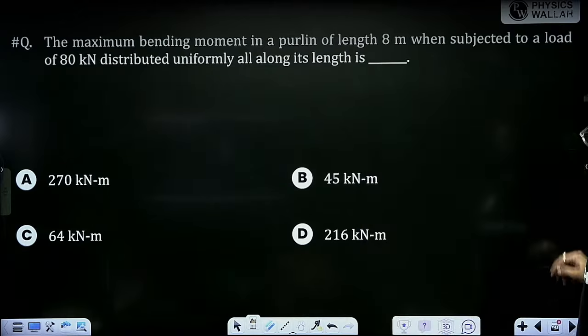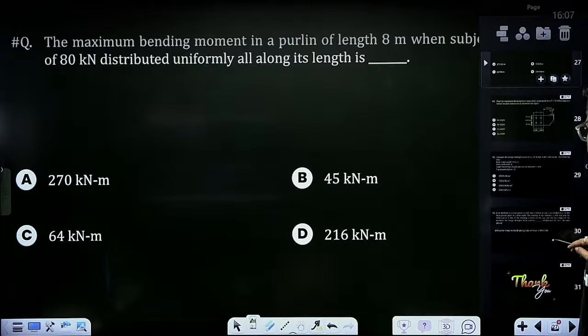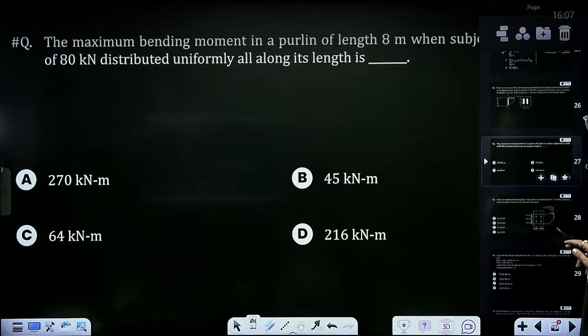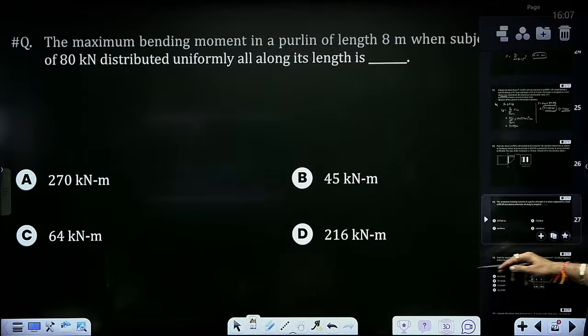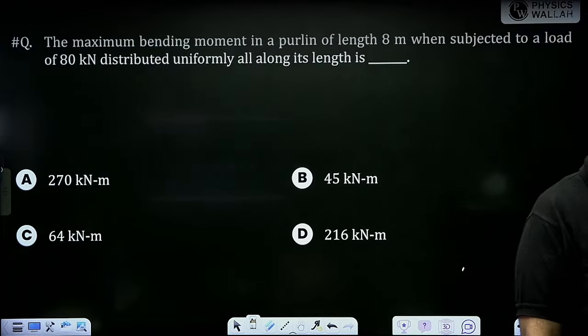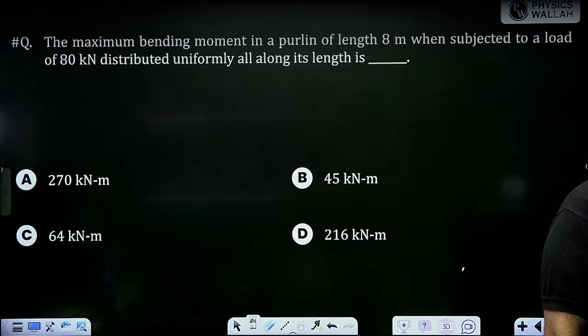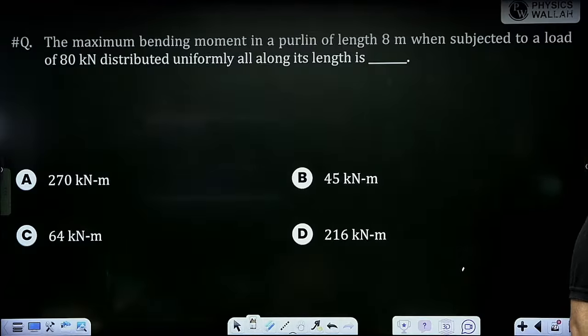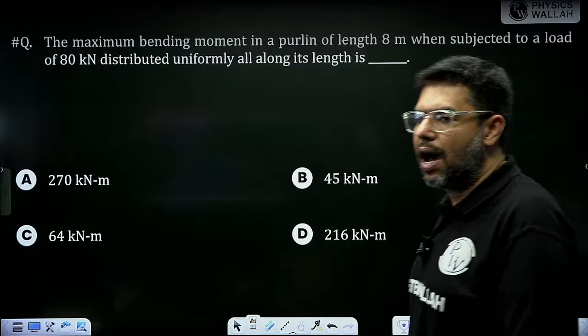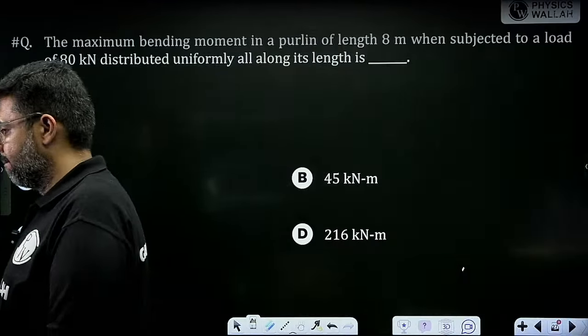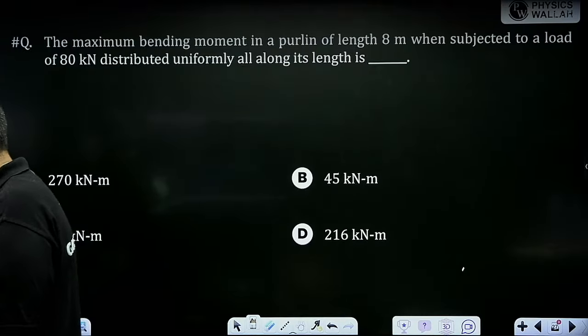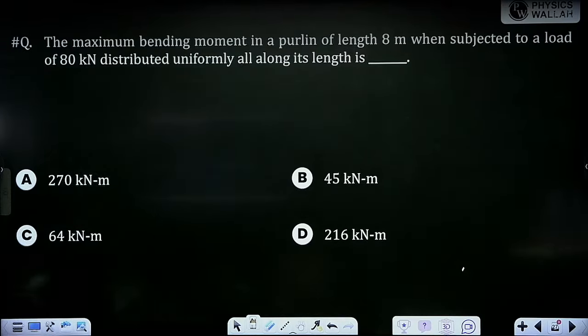Make it fast. Few more questions, then I will do. Do it fast.